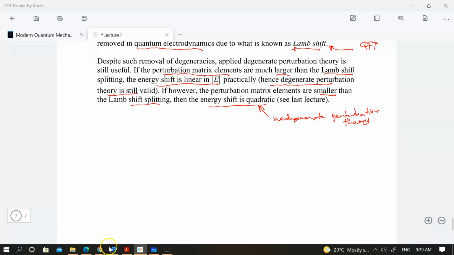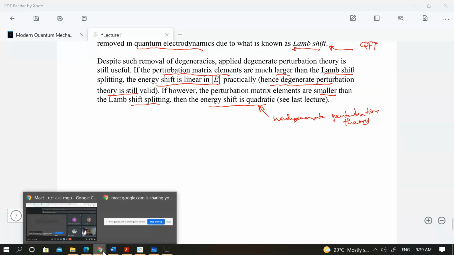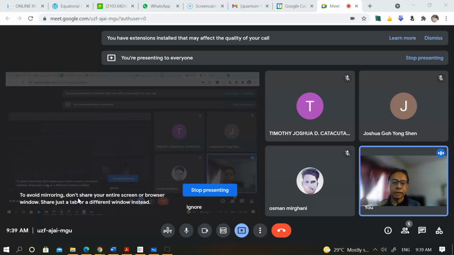Okay, so this is considered the replacement lecture for the one we missed on Thursday. So let me see, the interface has already changed for Google Meet.